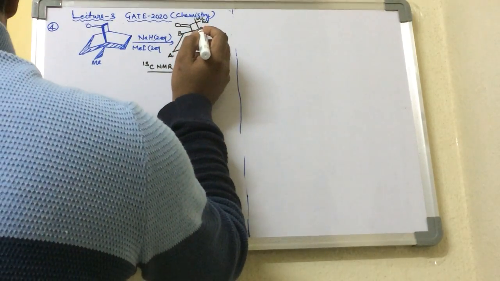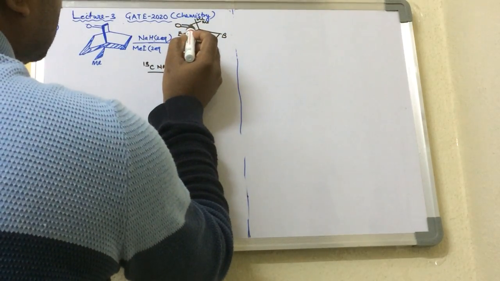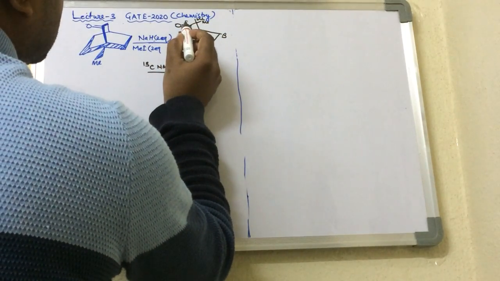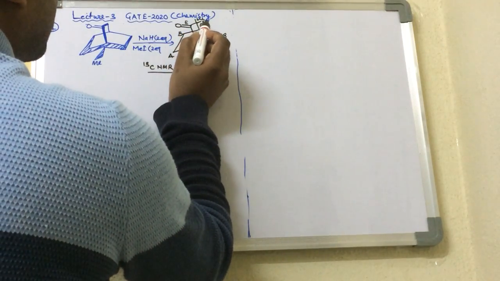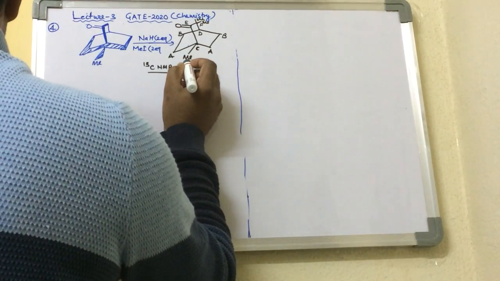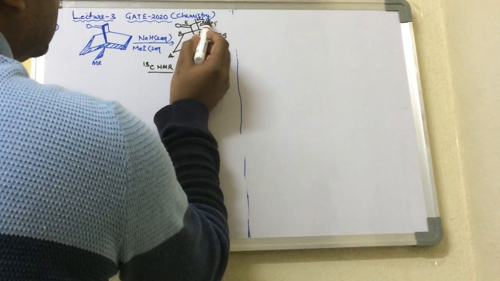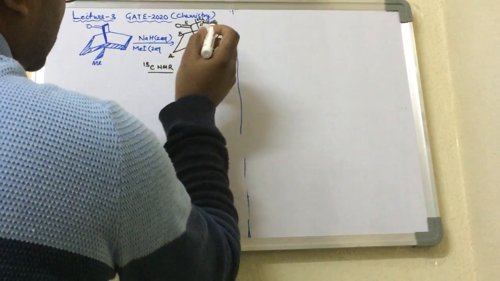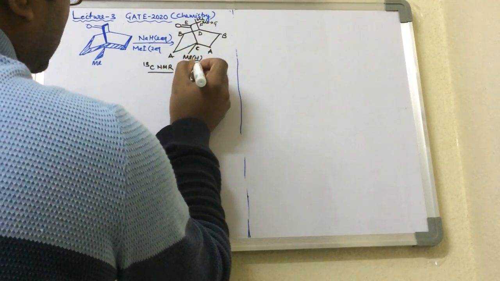So this is D, and this is E. For this carbon is E, and for this carbon is F. Okay, and for this methyl is G, because both methyl are same, so we write only G, and this is H.